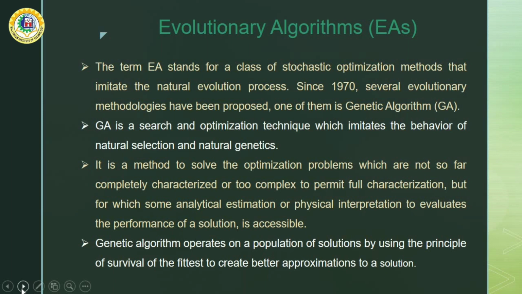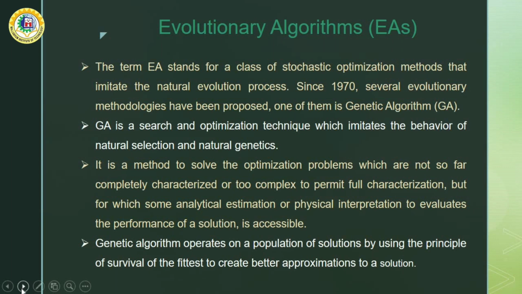It is a method to solve optimization problems which are not completely characterized or are too complex to permit full characterization, but for which some analytical estimation or physical interpretation to evaluate the performance of a solution is accessible. The genetic algorithm operates on a population of solutions by using the principle of survival of the fittest to create a better approximation to a solution.